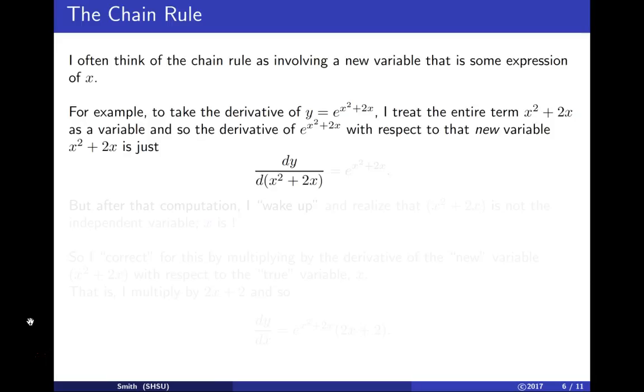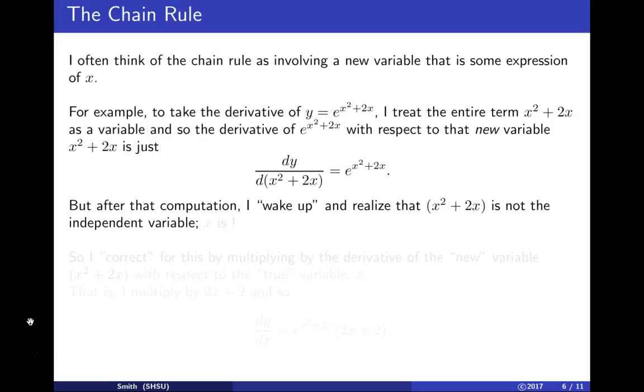So I computed the derivative of e to the x squared plus 2x with respect to x squared plus 2x, and that answer is e to the x squared plus 2x. But my variable is not really x squared plus 2x, so I wake up, so to speak, and realize that this x squared plus 2x is not my independent variable, but x is.